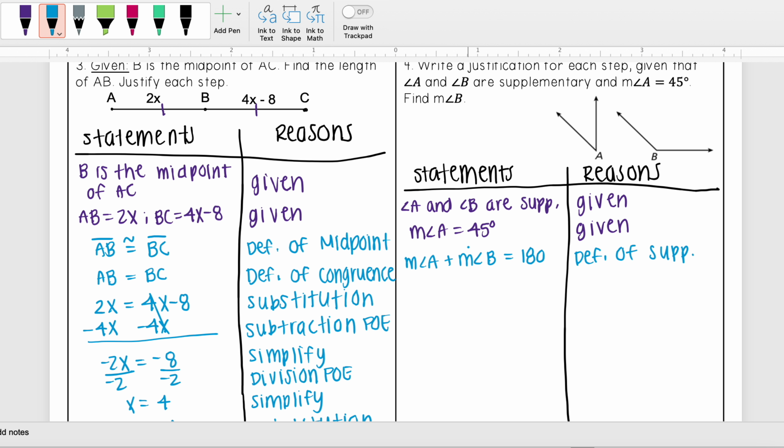Okay, now I want to find the measure of angle B. I know the measure of angle A is 45 degrees, so now I want to substitute in that value for measure of angle A. So I'm going to have 45 plus measure of angle B is equal to 180. And again, all I did there was substitution. I substituted in that value.